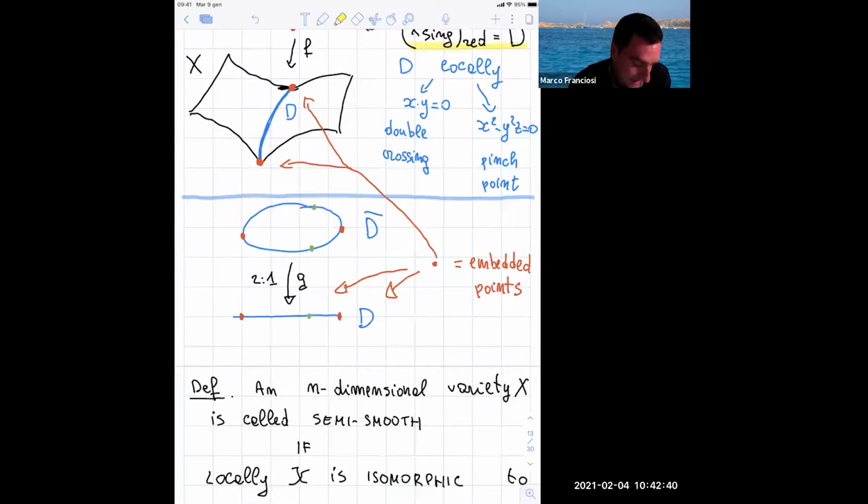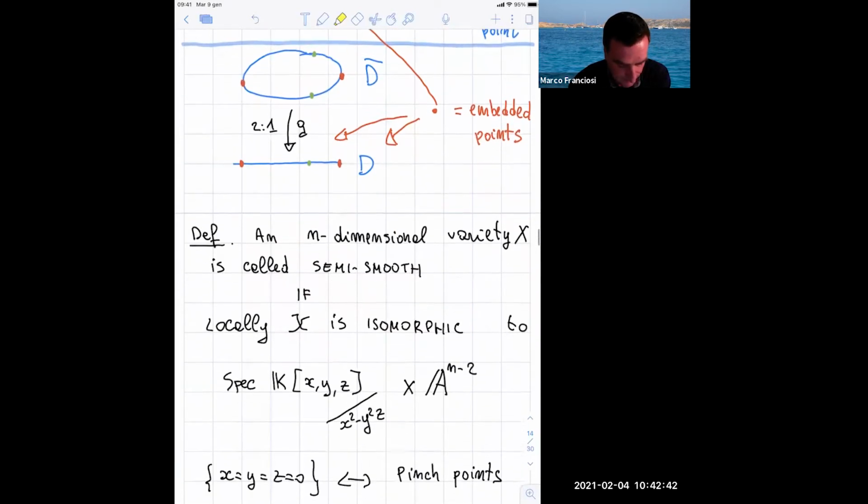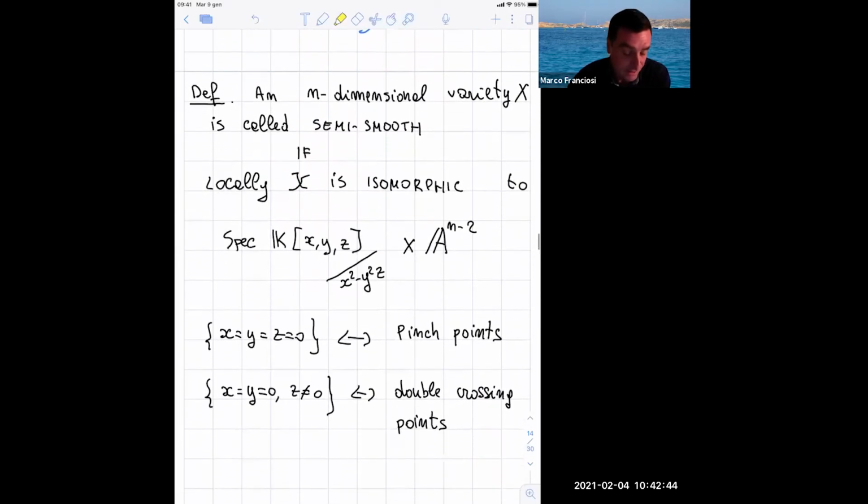We may generalize this construction in any dimension as follows. An n-dimensional variety X is called semi-smooth if locally X is isomorphic to the spectrum of K[x,y,z,...], or well, in this case we are working over C, but most of our results work in characteristic different from 2.